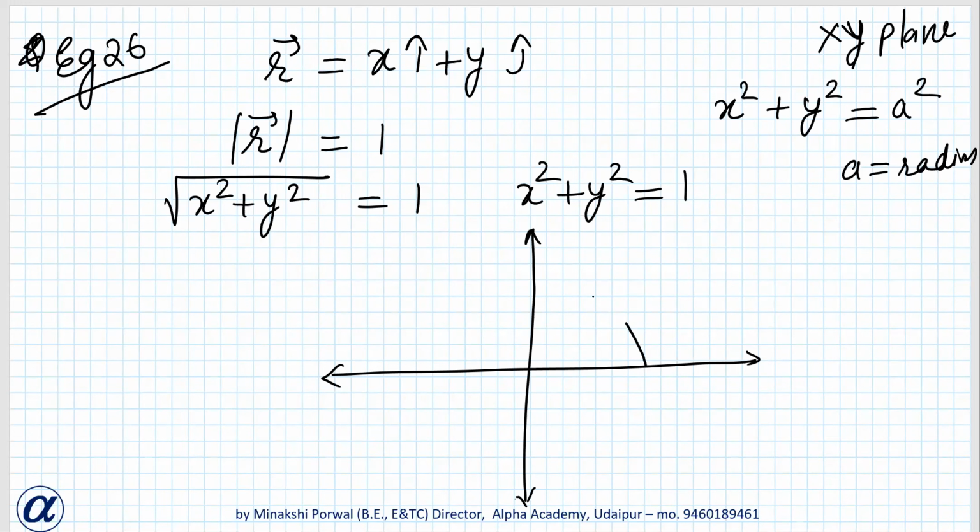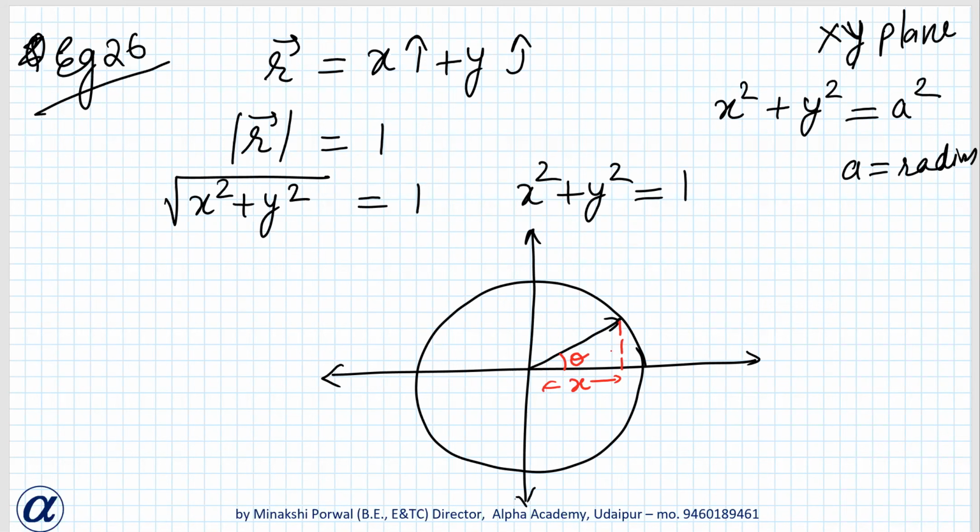So basically all the unit vectors will be lying this way, and all of them will be having magnitude 1. Okay, suppose this is angle theta, this is x and this is y.